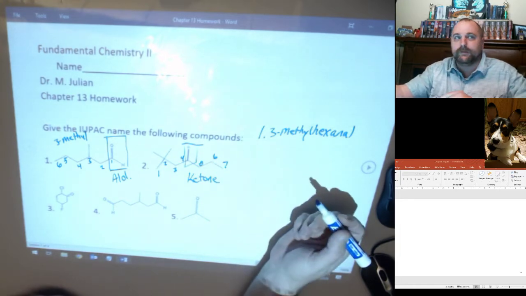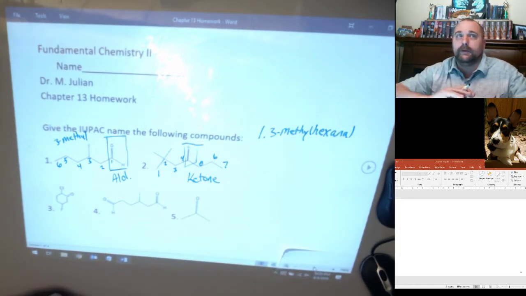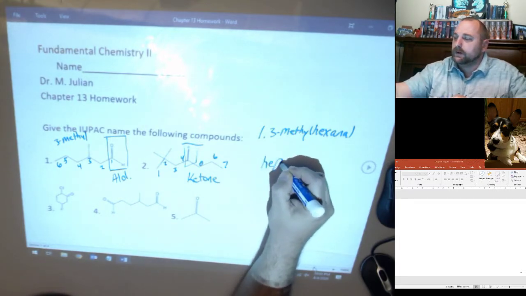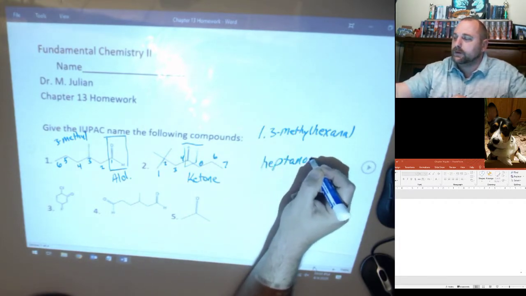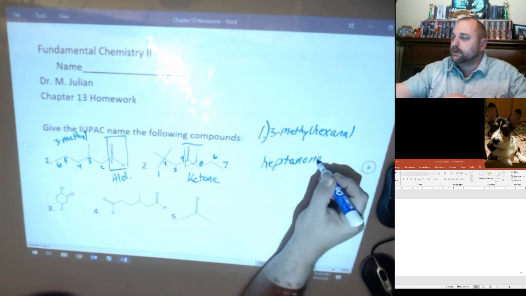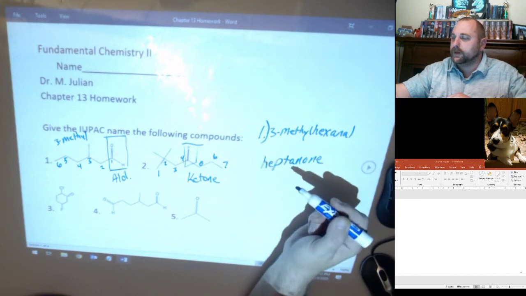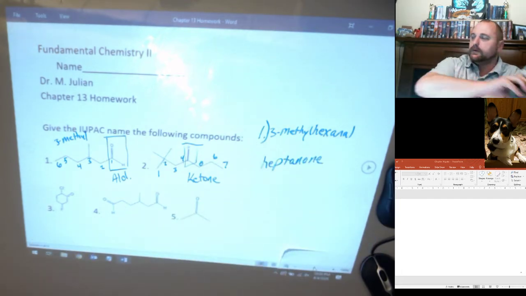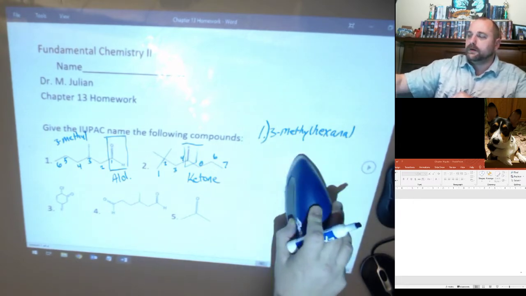So 7 would be heptane. So that'll be heptanone. It's got a methyl at 2, another methyl at 2. And so we go ahead and add all that in.